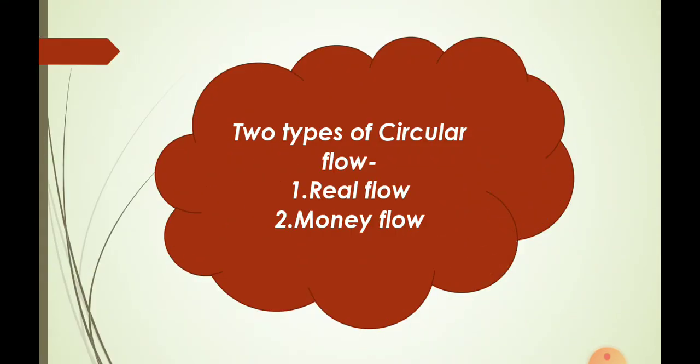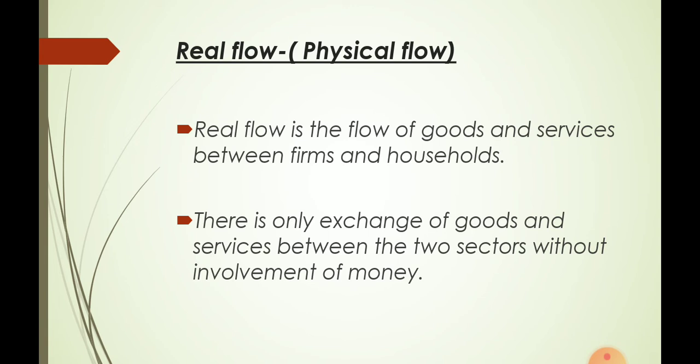Now, next topic is two types of circular flow, real flow and money flow. And these two circular flows are the result of intersectoral dependence. Okay, now let me start with the first one, real flow. This is also known as a physical flow. What is real flow? The real flow is the flow of goods and services between firms and households.